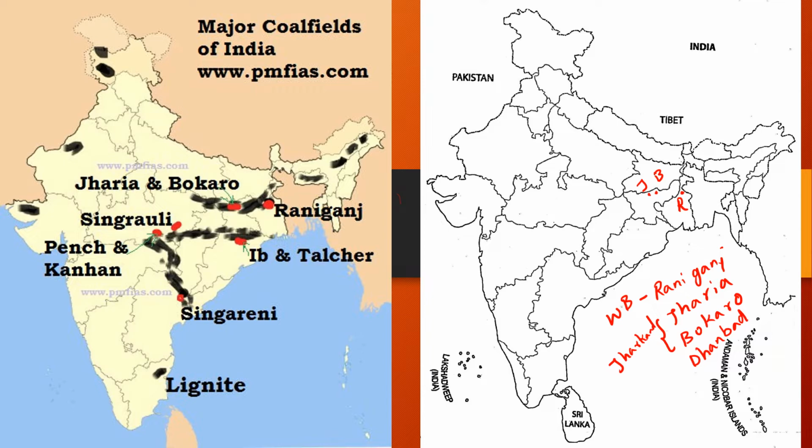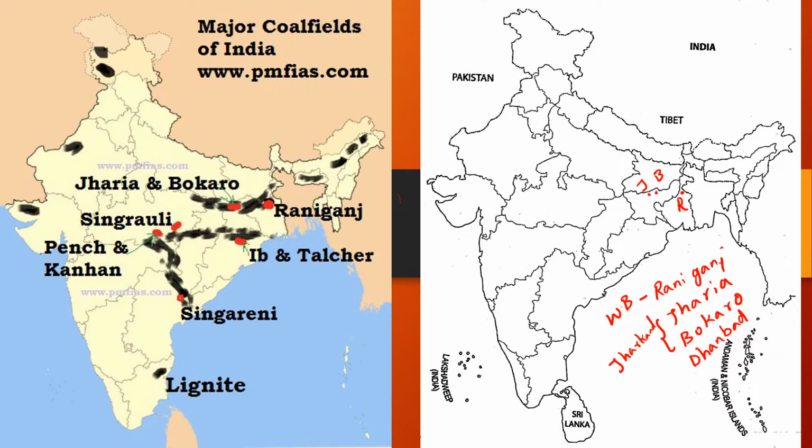Raniganj is one of the very important places, an important coal field in India, and also these parts, Bokaro and Jharia in Jharkhand, are also very important.